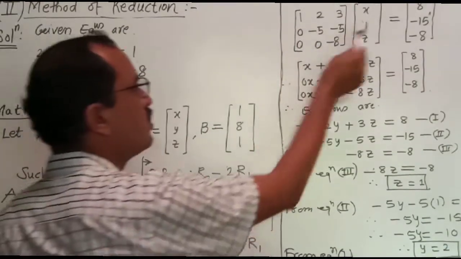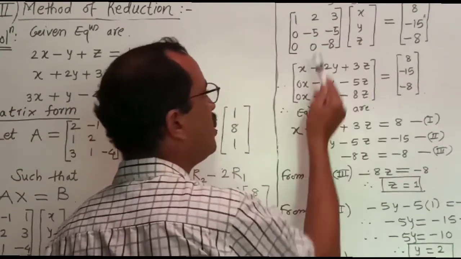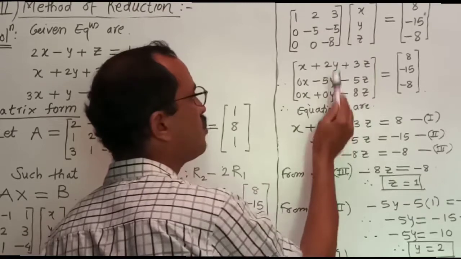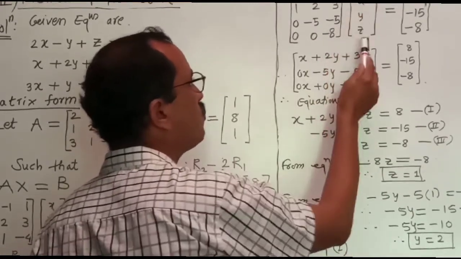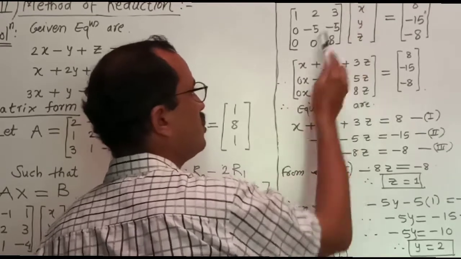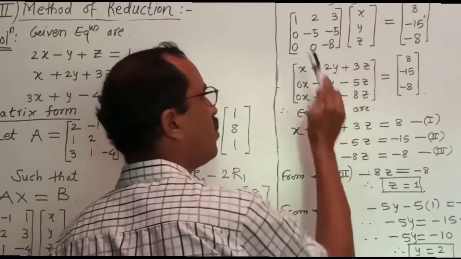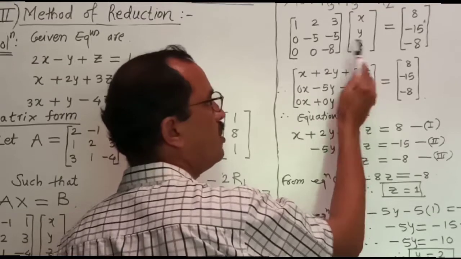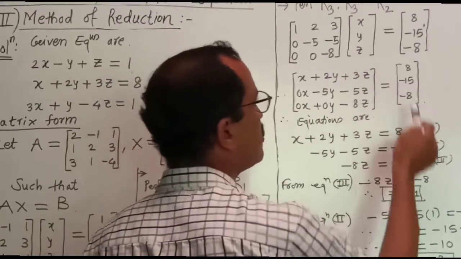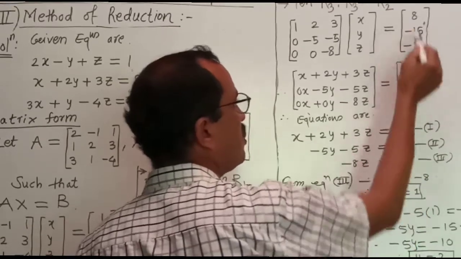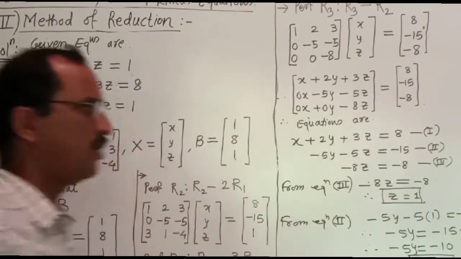Then second row, first column: 0 into X, 0X, minus 5 into Y, minus 5Y, minus 5 into Z, minus 5Z. And third row: 0X, plus 0Y, and third element multiplied, minus 8 into Z, minus 8Z, is equal to the right hand side matrix 8, minus 15 and minus 8.